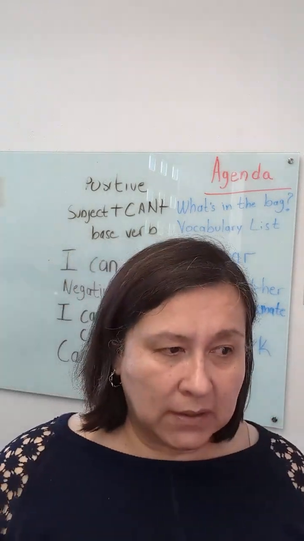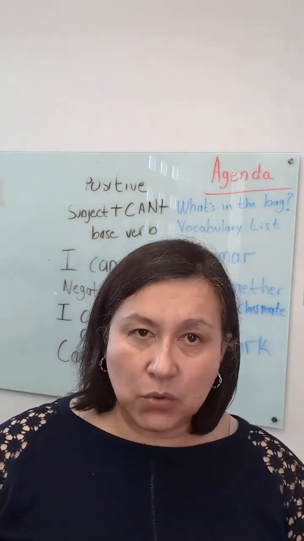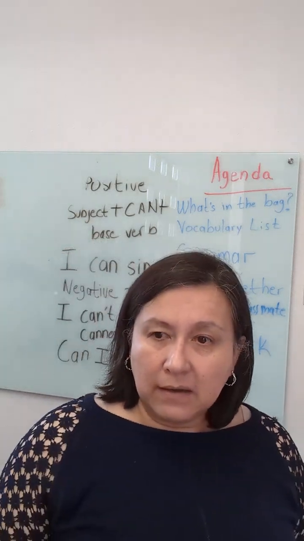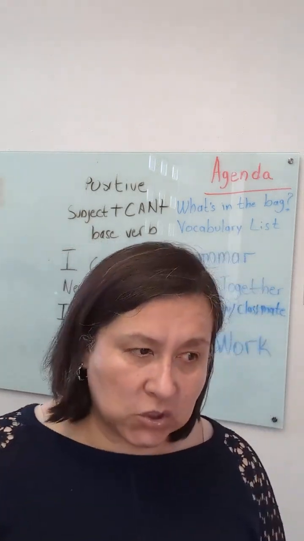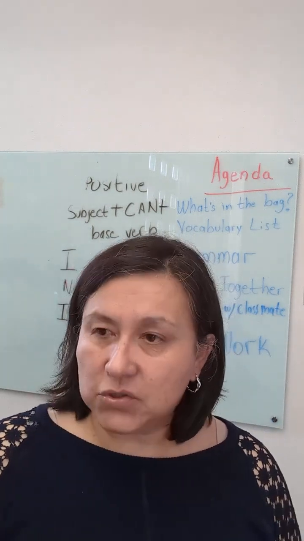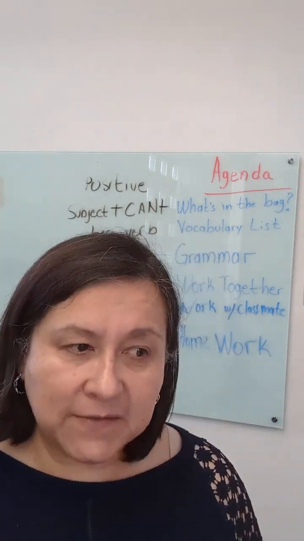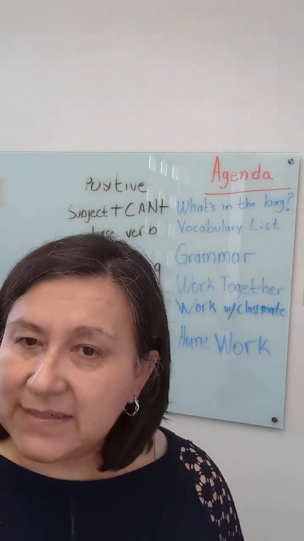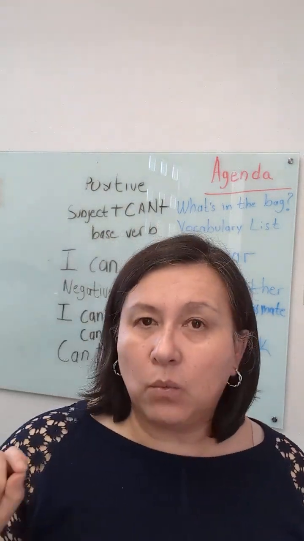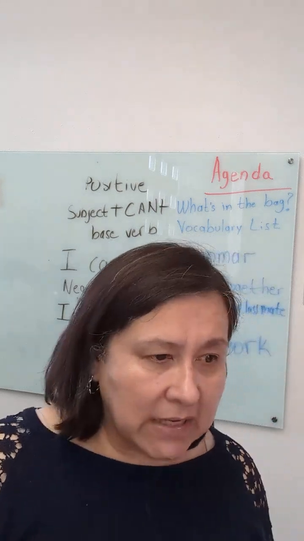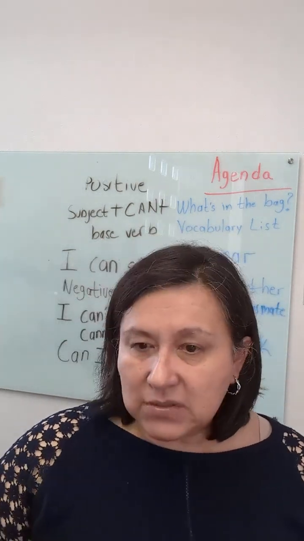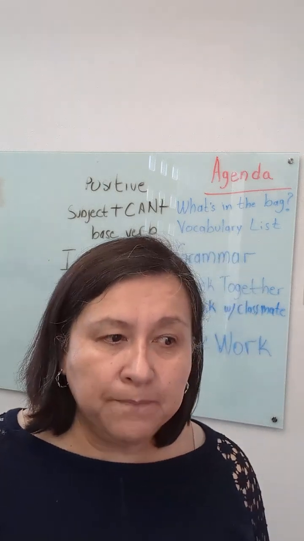I left an exercise that you are going to do where you can make questions or write questions, write positive sentences, write negative sentences. I'm giving you 5 minutes. I'm gonna walk around to see if you understood what we just talked about. If you have questions, I will be right there to help you.